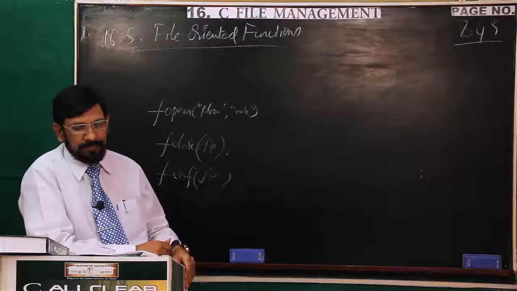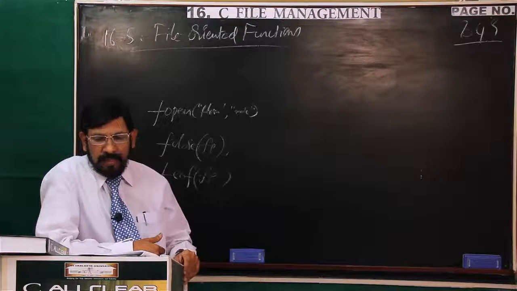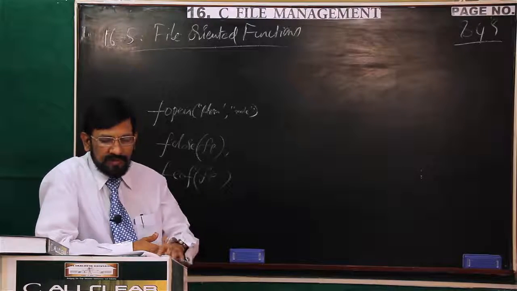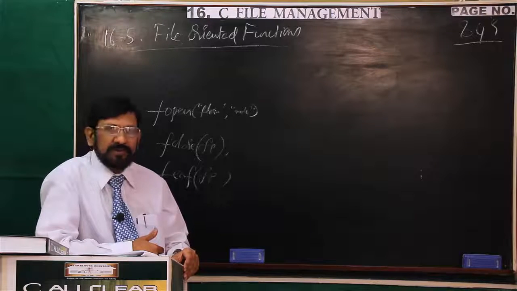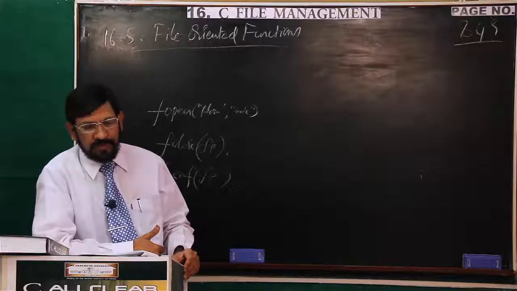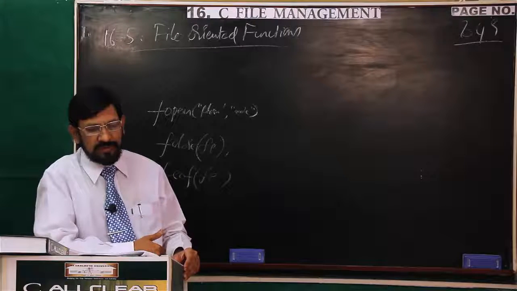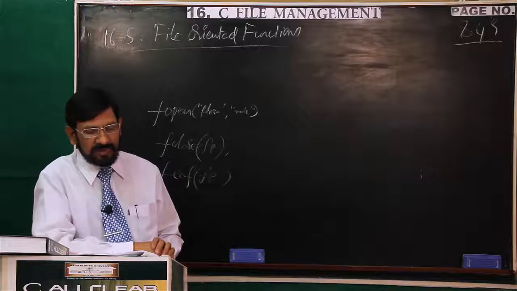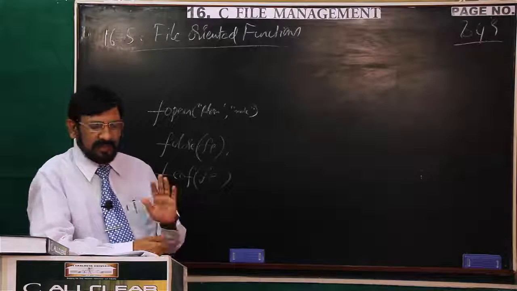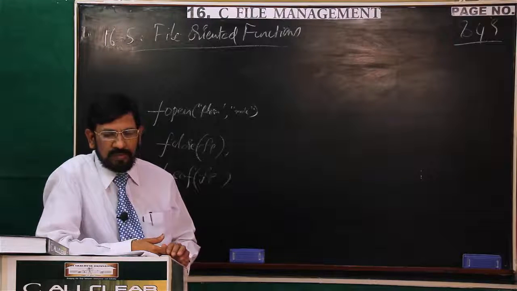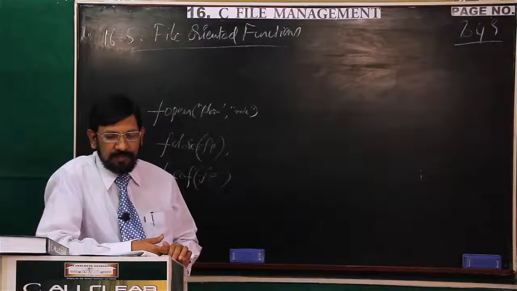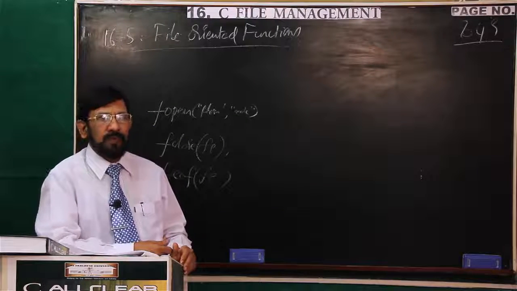Thereafter, on page number 851, I have listed a big list of functions. These are the I/O functions. Simply seeing the functions, you cannot understand their functionalities. Just have a look: fgetc, fputc, fgets, fprintf, fscanf, all that.